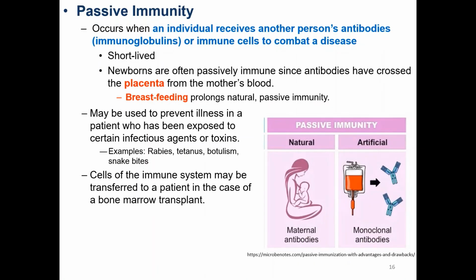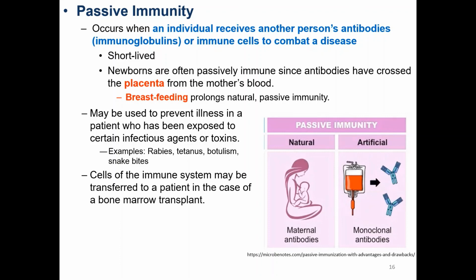Besides active immunity, we also have passive immunity, and passive immunity is divided into natural and artificial. Natural passive immunity is usually obtained by babies from breastfeeding, where the antibody, or immunoglobulin, from the mother is transferred through the milk consumed by the baby, so that the baby also has protection against certain diseases, which is specific to the antibodies they get from the mother.